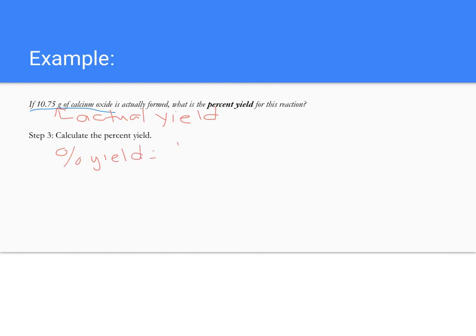we're going to take our actual value, which was 10.75 grams, and divide it by our theoretical, which, remember, was 11.2, and that 11.2 was determined by doing stoichiometry.